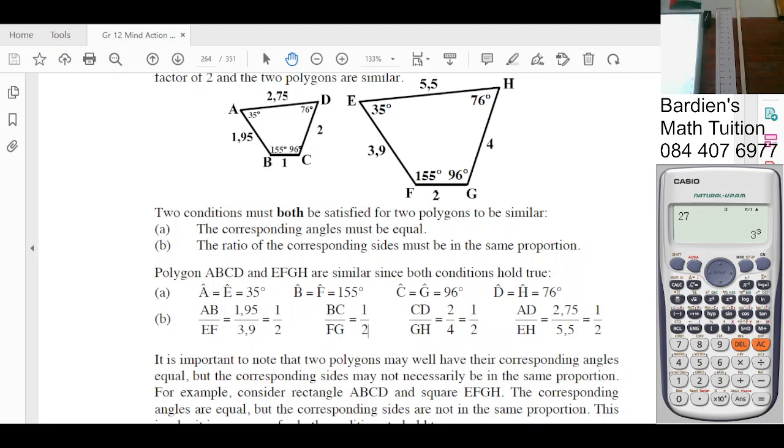If you had a five-sided figure, what is that? A pentagon. How many triangles can you fit in a pentagon? 3. 3 times 180 is 540. So the interior angles of a pentagon add up to 540.